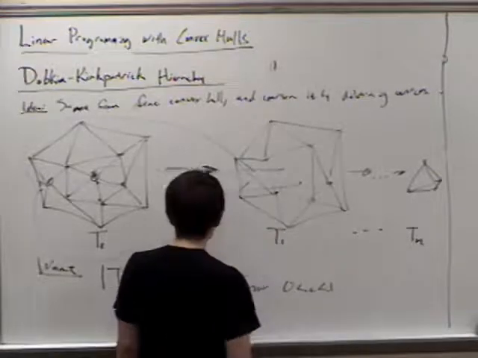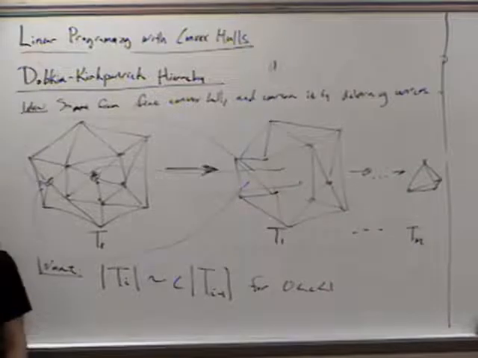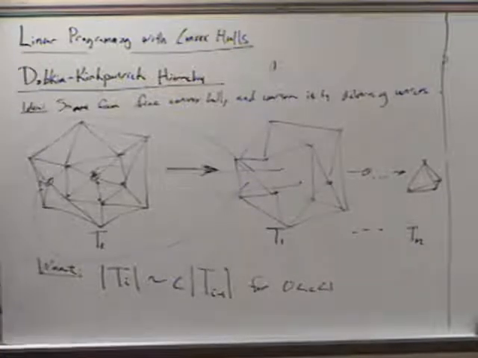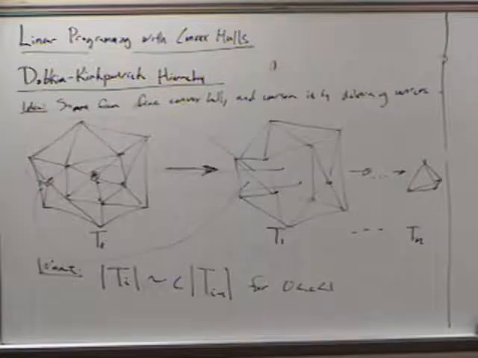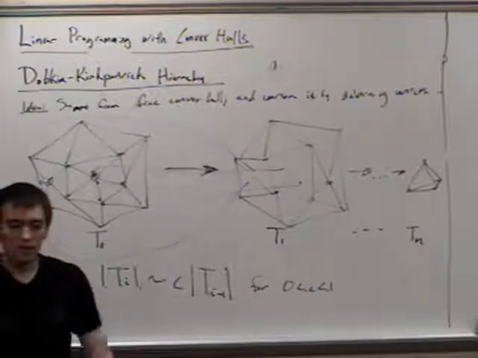So we want to find some little parameter c, so that as long as we can kill off some fraction of the vertices, and it better be an actual fraction, something which grows linearly with the number of vertices, then this triangulation will ultimately terminate, or it won't get too big.